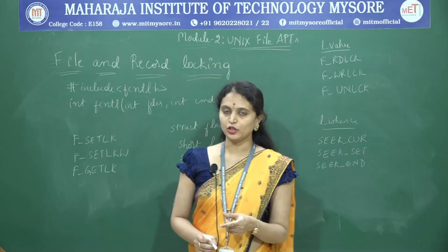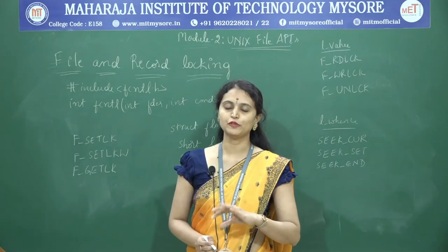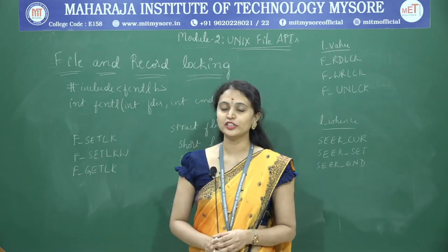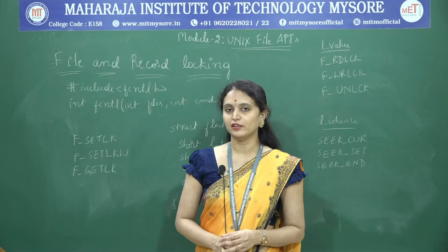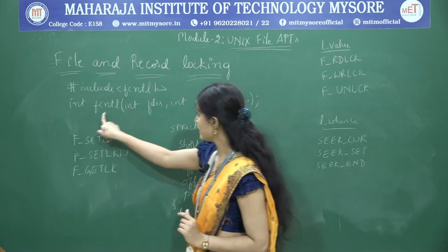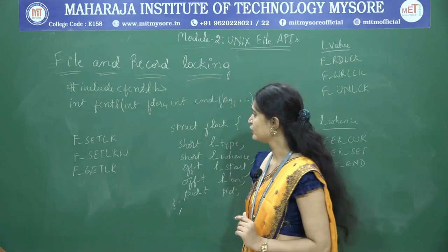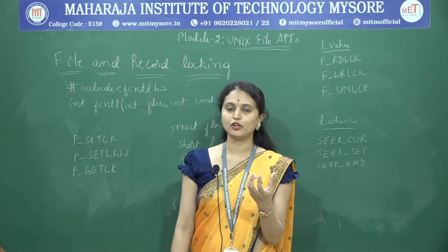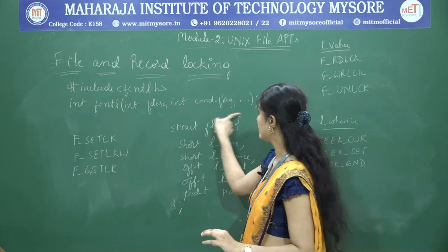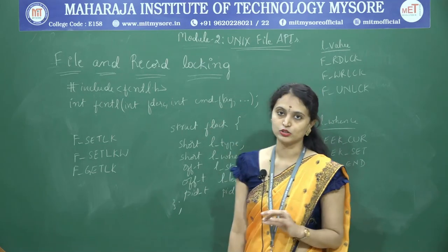In the previous session we already discussed the fcntl function for some other operations, but the same function can also be used to impose a lock on a particular file or a particular region of a file. The prototype is like this: fcntl, the file descriptor. The first argument is the file descriptor, indicating the file on which the lock has to be imposed, the second argument tells what action to be performed, and the third argument depends on the second argument.